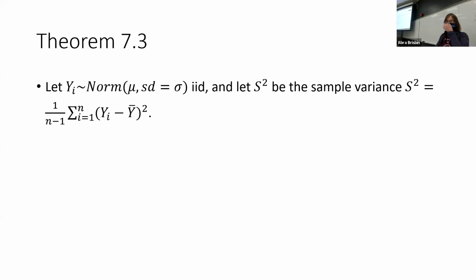And we'll let S squared be the sample variance. That has the usual formula, S squared equals 1 over n minus 1, where n is the sample size, times the sum of Y sub i minus the sample mean Y bar quantity squared.